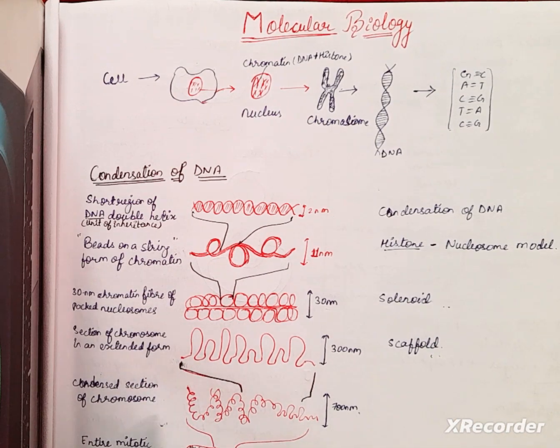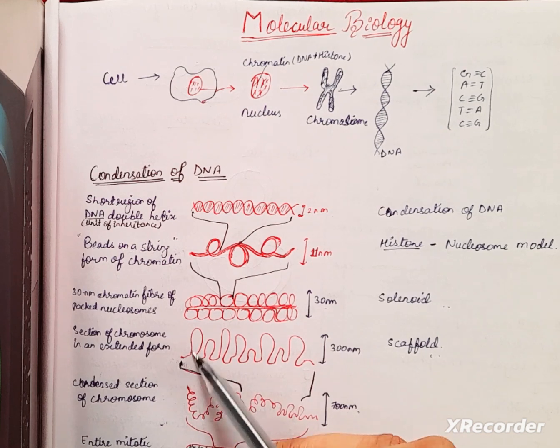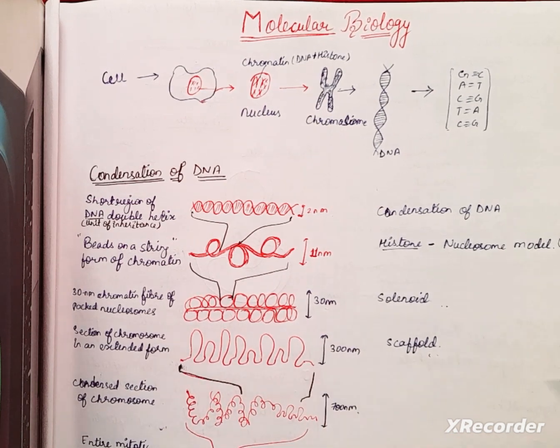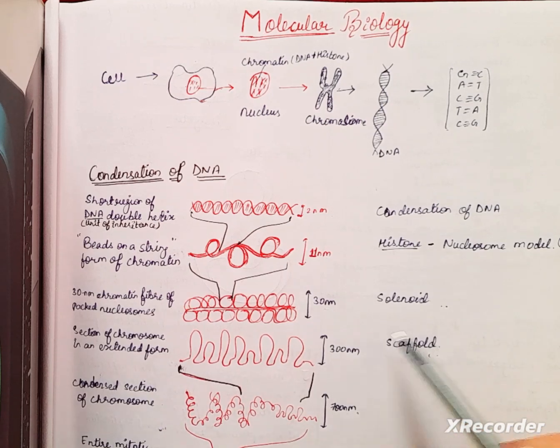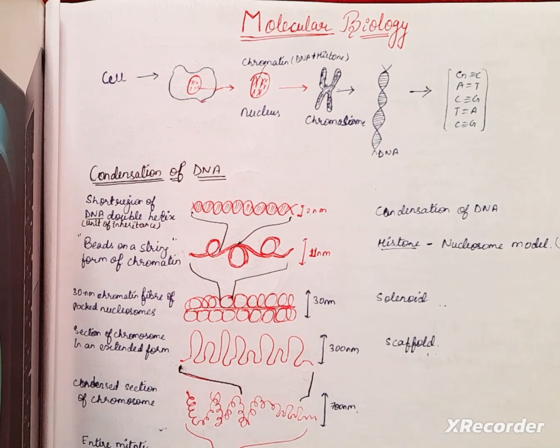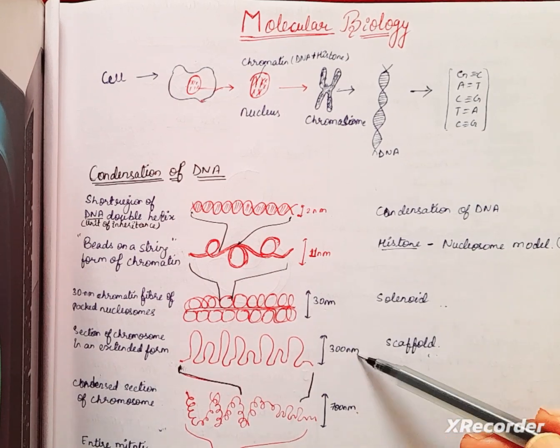After this, sections of chromosome in an extended form are known as the scaffold model, and its width is 300 nanometer.